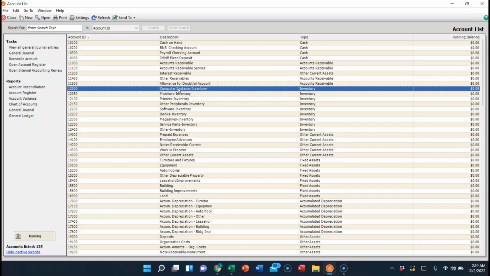Now, for the general ledger entries for each of the different categories of sales, cost of sales, and inventory, I need you to recognize something.